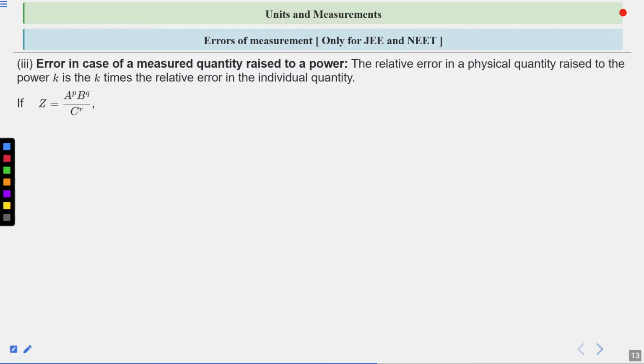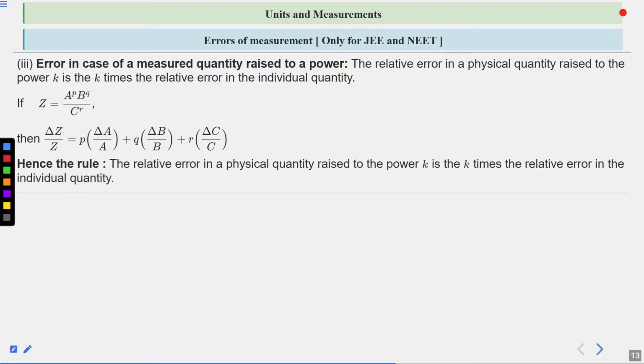So if we have z is equal to a raised to the power p, b raised to the power q, divided by c raised to the power r, then the relative error is p into delta a divided by a plus q delta b divided by b plus r delta c divided by c.